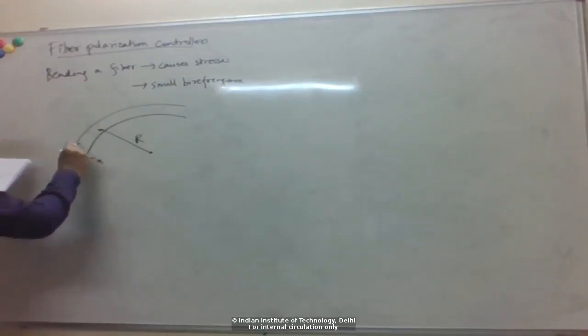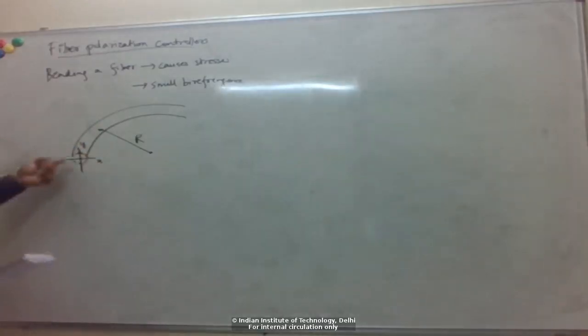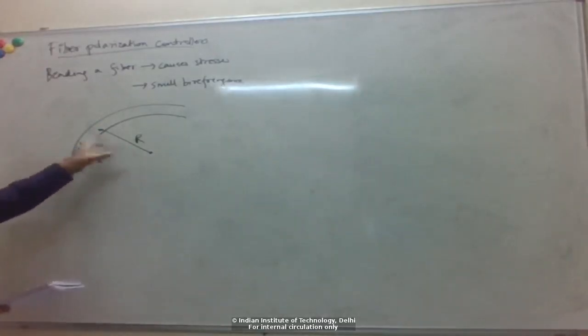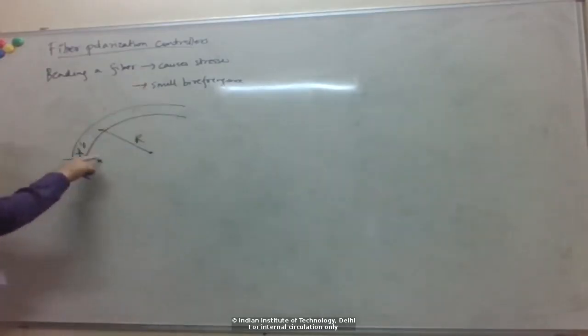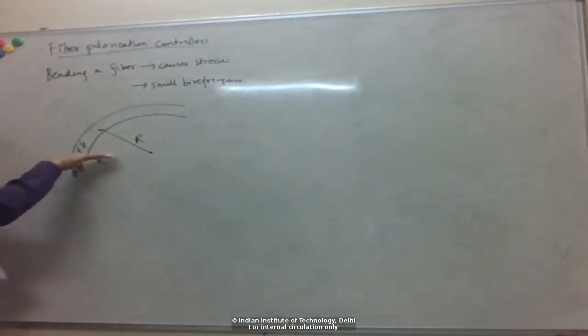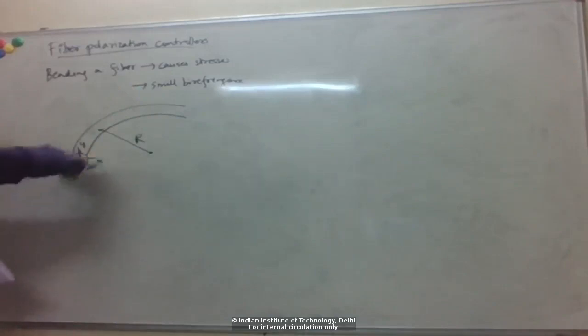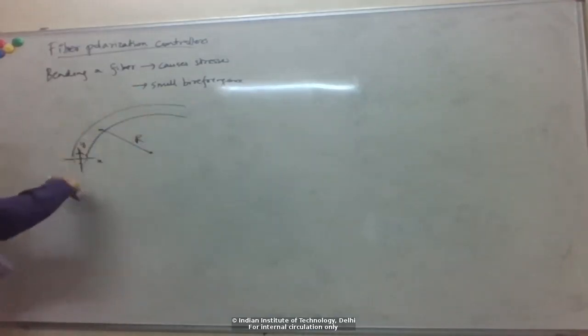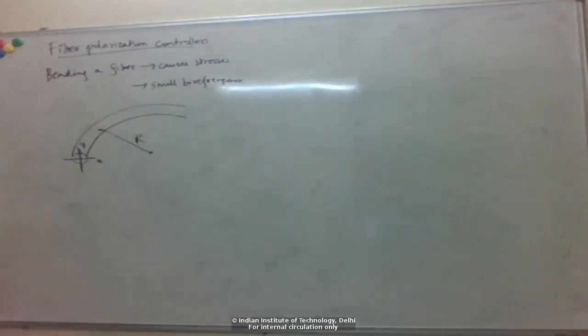So if I call this the x, this is the y-axis. The x-axis is basically the axis in the plane of the bend, and then the y-axis is perpendicular to the plane of the fiber or the bend.